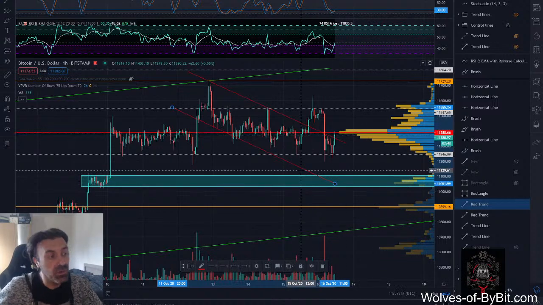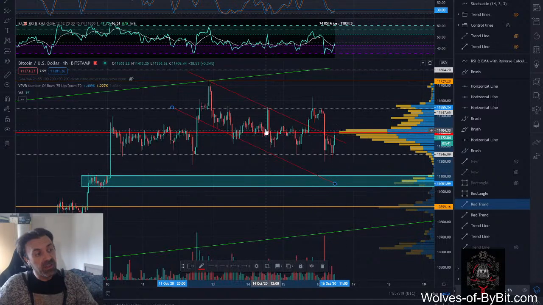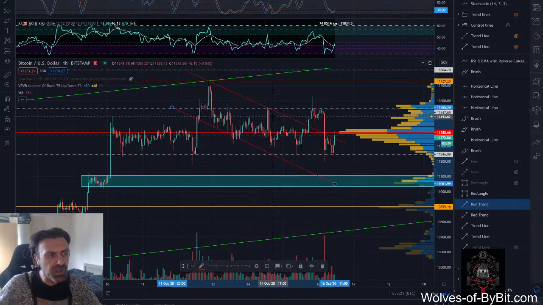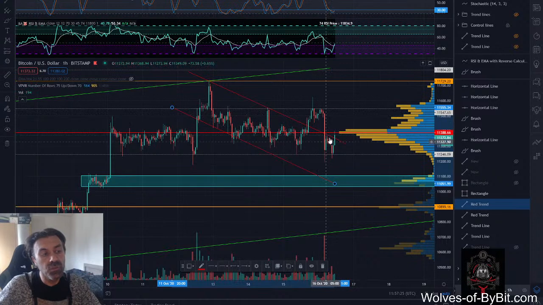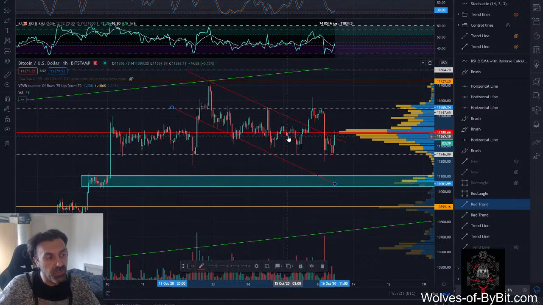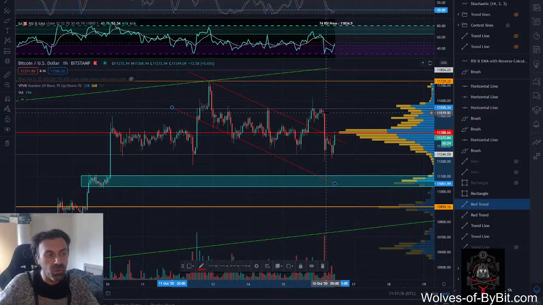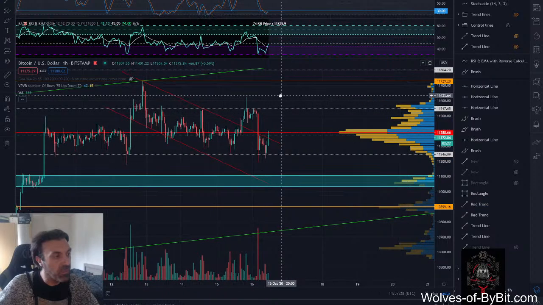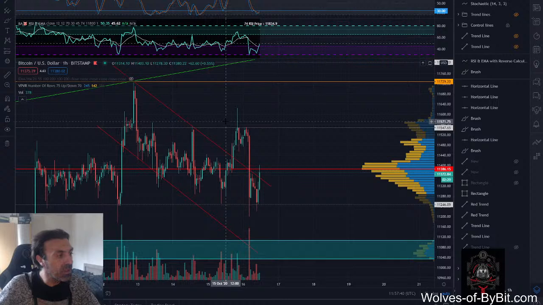And what did I say? Negative slopes are actually really easy to break out to the upside just by moving sideways. You don't need a lot of extra volume to see the price peak out and start showing a little bit more signs of strength. Now, what did we say?